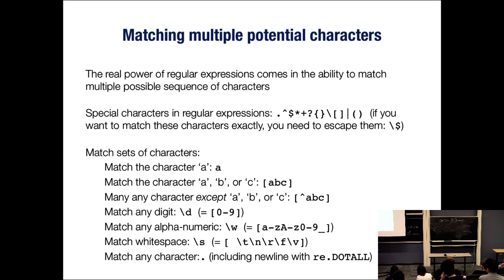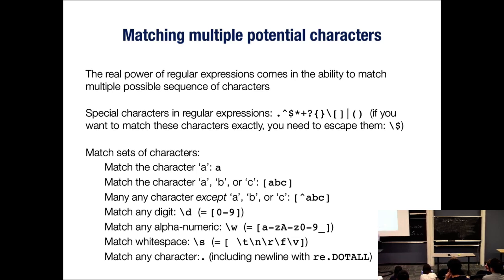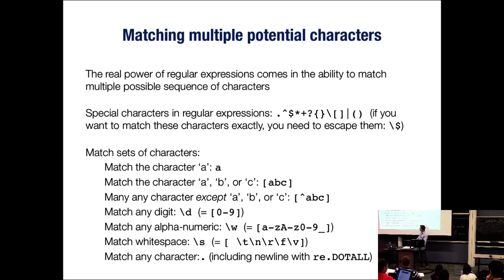You can also negate that. So I can match any character except something by including a little caret within the square brackets. It will match any character other than what's in there. There's also some special cases here. So \d is any digit. \w is any alphanumeric character. \s is any white space character, so tabs or spaces or new lines even.